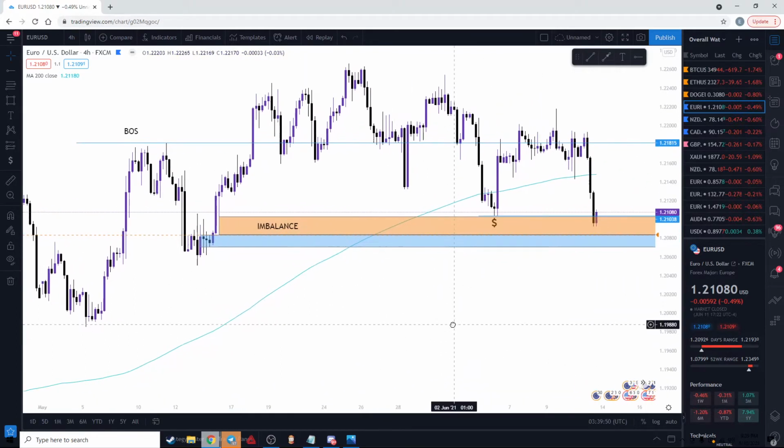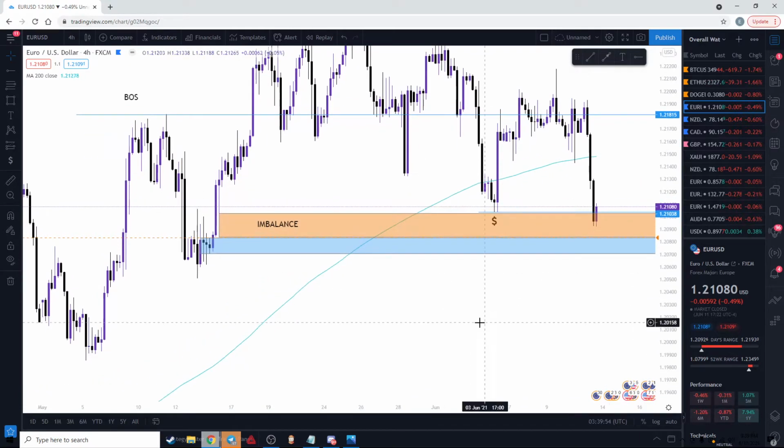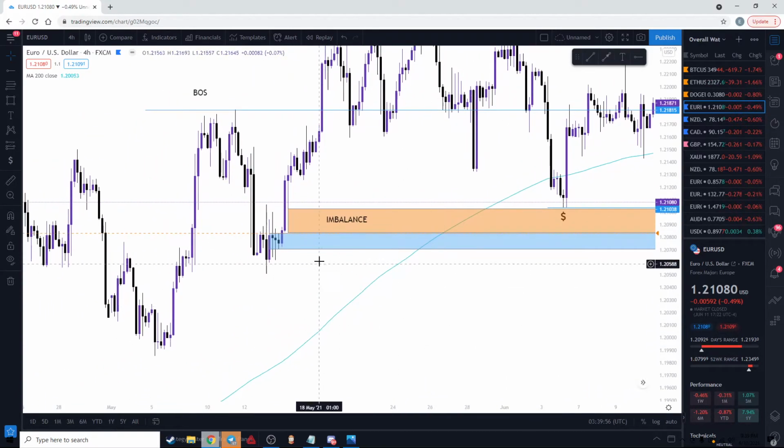Okay, so I hope that makes sense as to why I marked up that level. But really what I'm going off of is marking a point of interest or an order block by the volume of the candle following, and then I need to see it break out of a structure as well, right?